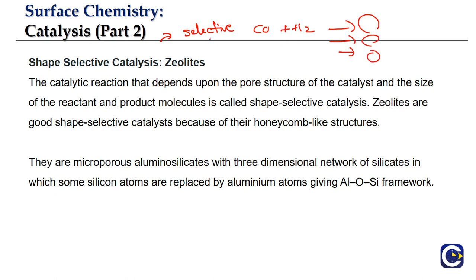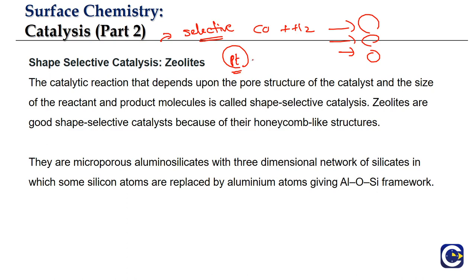Not just that, the use of a particular substance as a catalyst will be limited to specific reactions. It is not like, for example, we are using platinum as a catalyst in the hydrogenation of oils. We cannot use platinum as a catalyst, though it is a metal having surface, in each and every reaction. So the use of a particular substance as a catalyst will be limited to the specific reaction. So we talk about the selective nature of the catalyst.